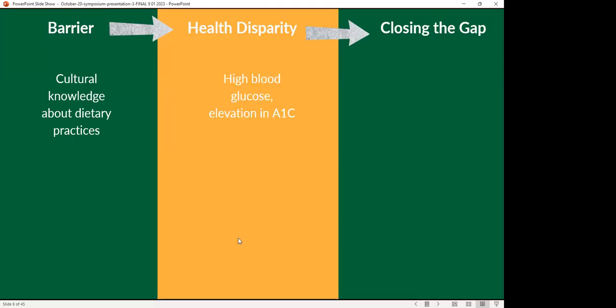Well, it could create hyperglycemia, elevation in A1C. If someone provides you with generic recommendations, then that individual is going to ingest the foods because they don't have the knowledge, because it's not written in the literature, the handouts that you're providing, and that may occur.